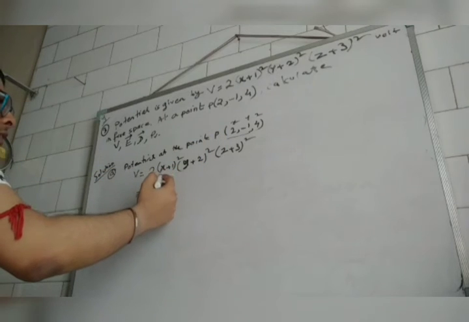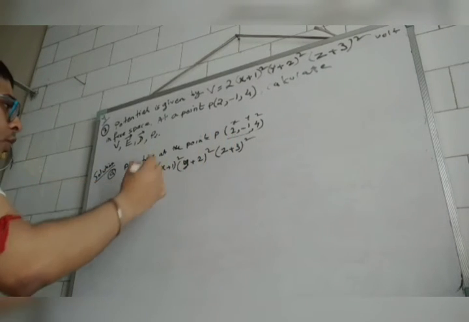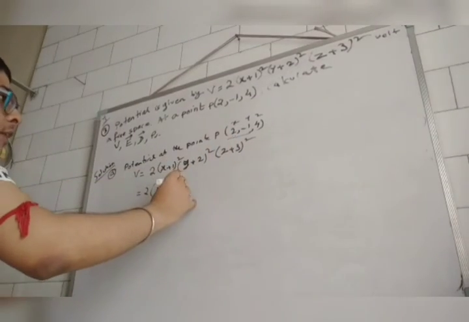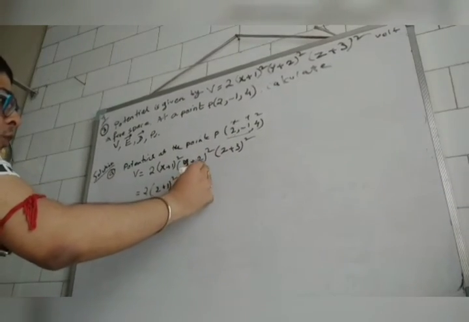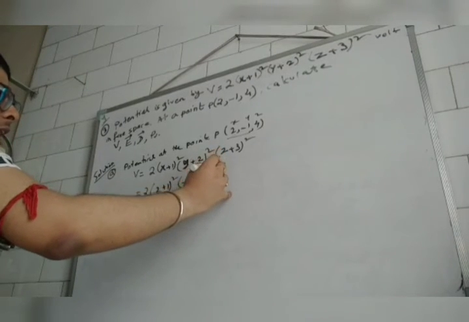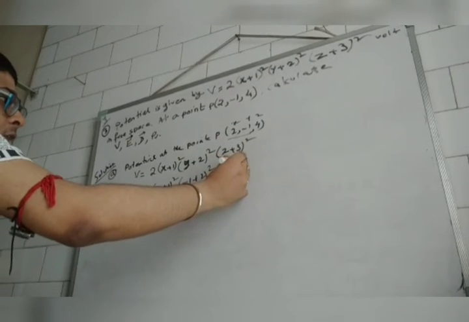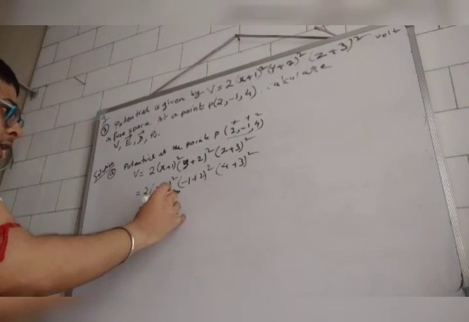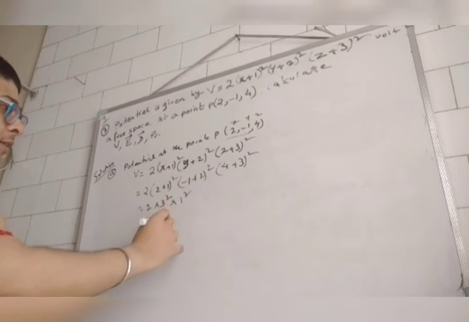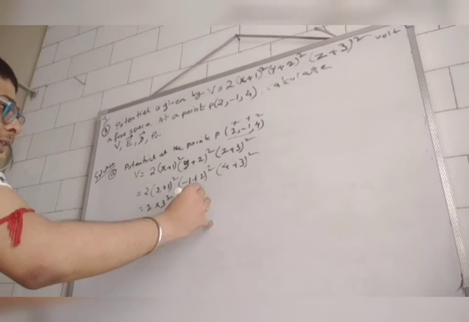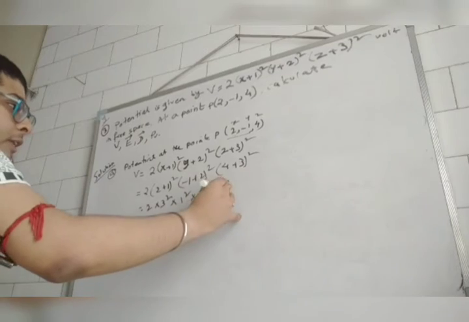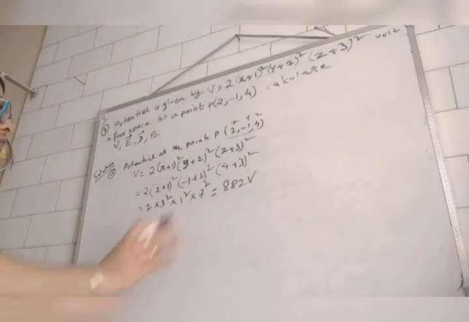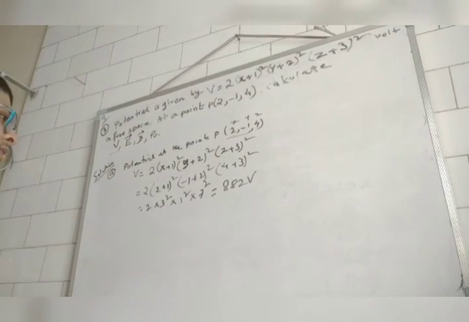So what is the value of x? It is basically 2, so we have 2 plus 1 whole square. y is minus 1, so minus 1 plus 2 whole square. And z is 4, so 4 plus 3 whole square. So we have 2 plus 3 square, this is 1 square plus 1 square into 7 square. If you calculate this, you will get 882 volt. So this much you need to do for this one.